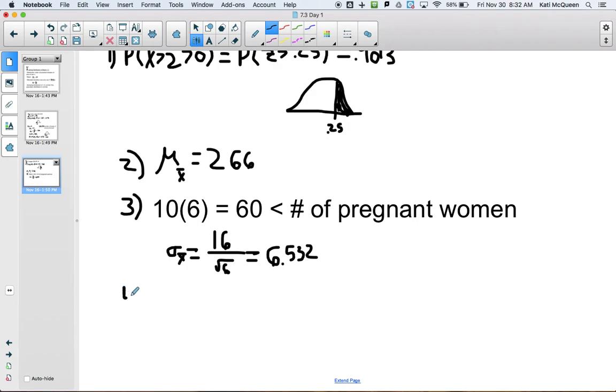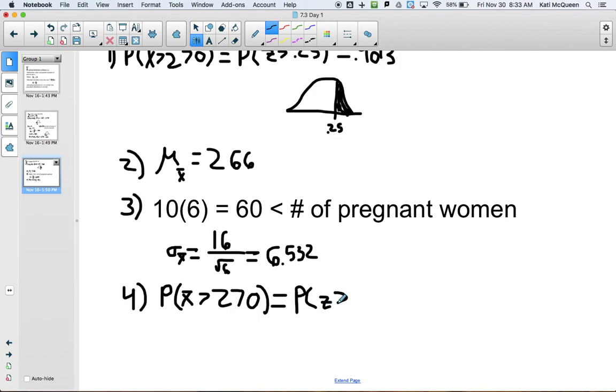All right, and number 4 then, we're using the information from 2 and 3 to calculate our z-scores. So we want, this time, the probability that not x, but x bar is greater than 270. So not for a single woman, but the average for a set of 6 women. So same idea. I'm going to use 270 minus my mean here, 266, divided by this new standard deviation that we just created to get the z-score.